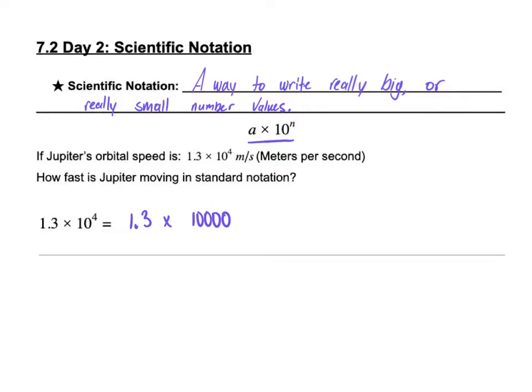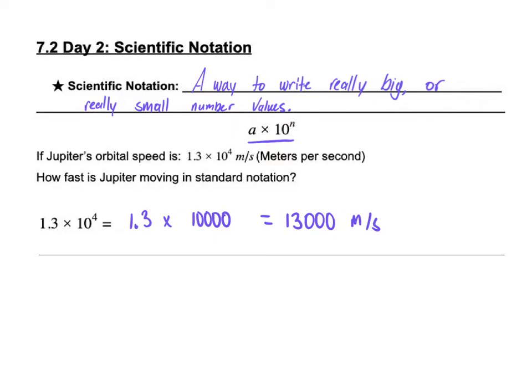Alright, so if we do 1.3 times 10,000, we get 13,000. Alright, so that's written in standard form. We don't want to forget our label, meters per second.